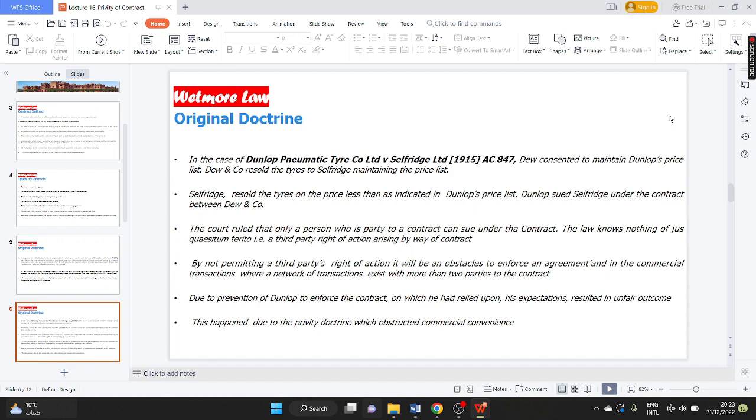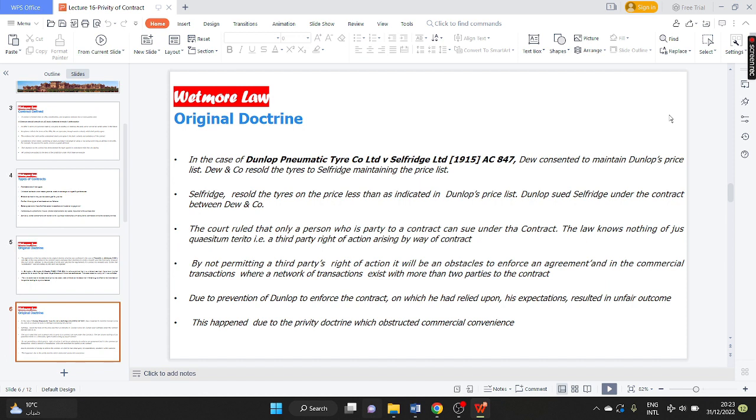The law knows nothing of jus quaesitum tertio, that is, a third party right of action arising by way of contract. By not permitting a third party's right of action, it will be an obstacle to enforcing an agreement in commercial transactions where a network of transactions exists with more than two parties to the contract.